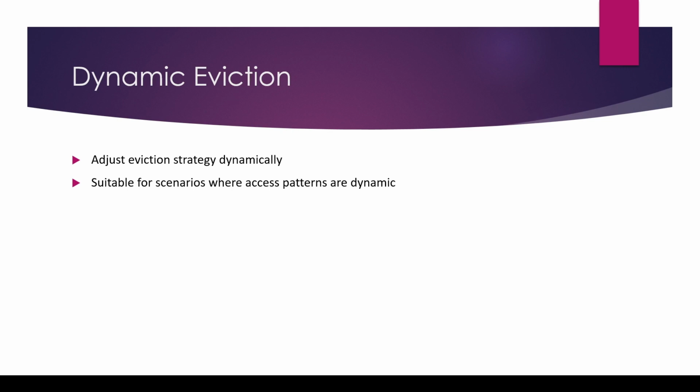So dynamic eviction policy is an adaptive eviction strategy that dynamically adjusts the behavior of the eviction policy based on the access patterns. So if the access pattern of the application is changing, then this kind of eviction policy will change its own behavior. It monitors the workload characteristics or other runtime factors to determine the correct eviction policy.